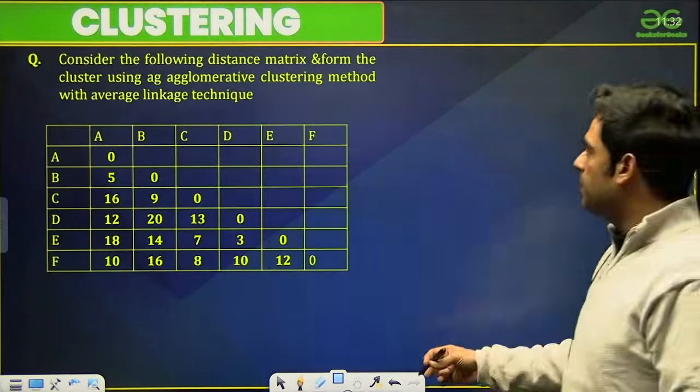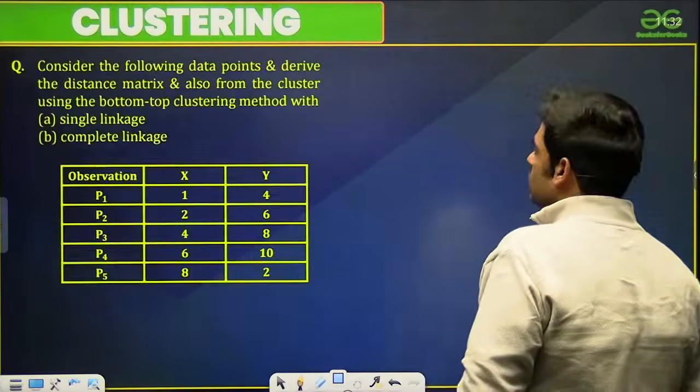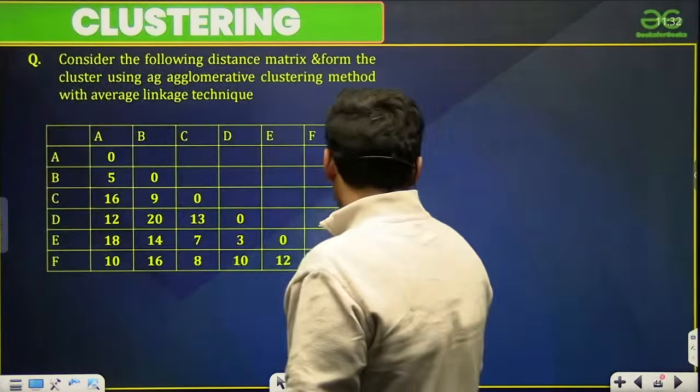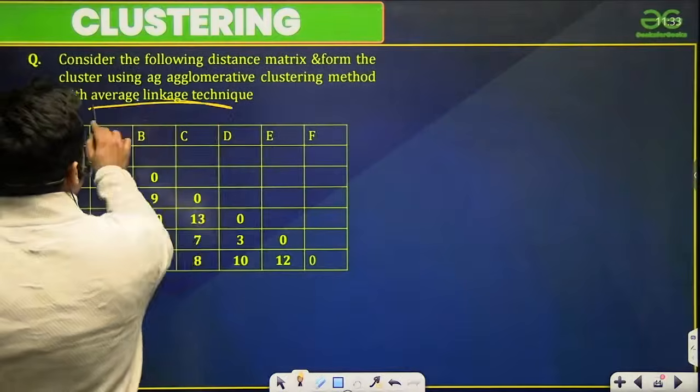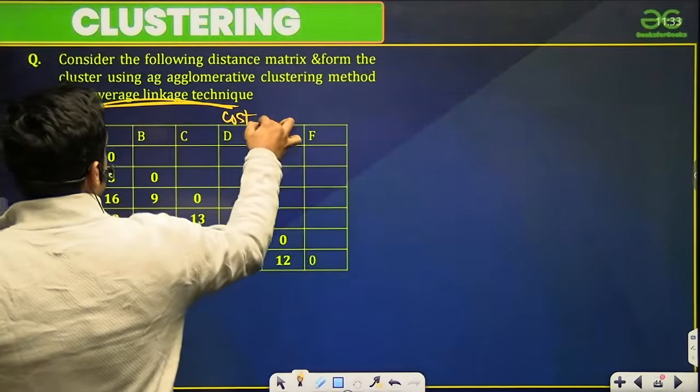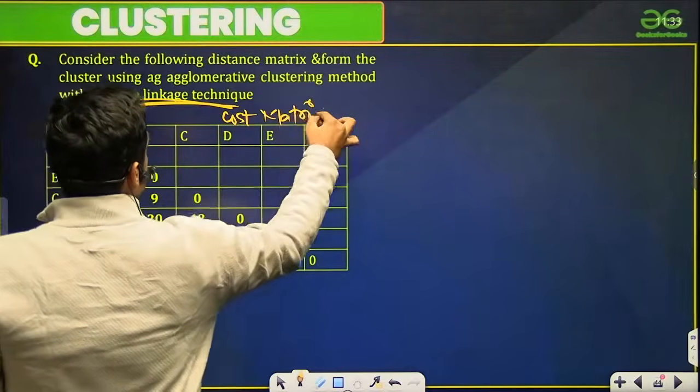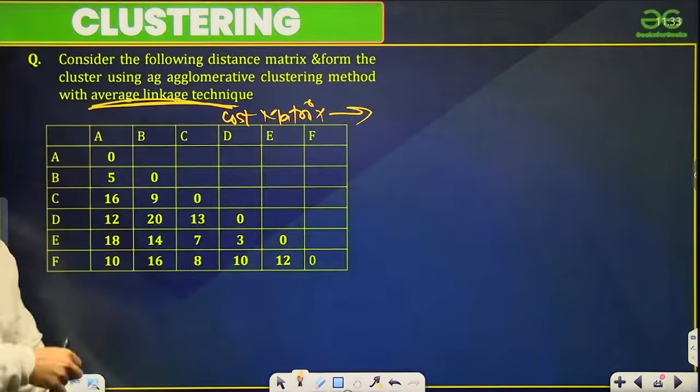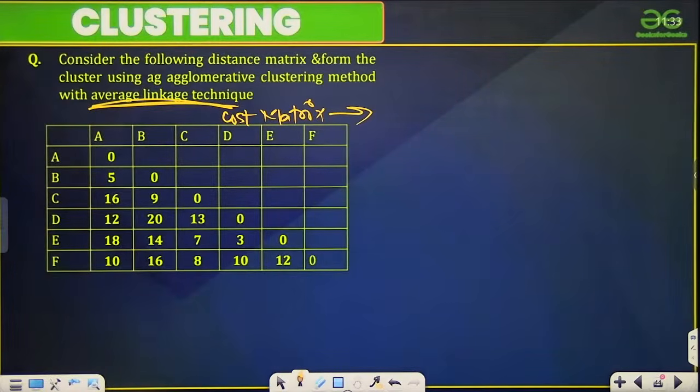For example, this is an average linkage technique question, and this is the cost matrix that is given. We have to use the average linkage technique over here.